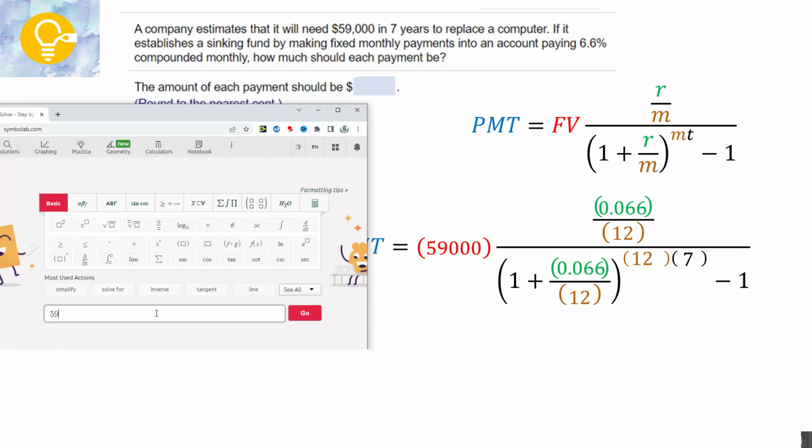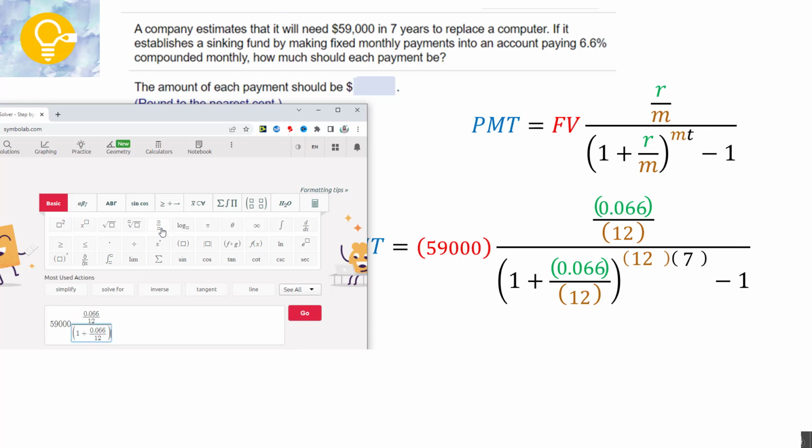First, let's put $59,000 in there. Then we have a fraction. In the top of the fraction, we have another fraction, 0.066 over 12. I'm going to go down arrow into the denominator. The first thing I'm going to do is parentheses, 1 plus another fraction, 0.066 over 12.